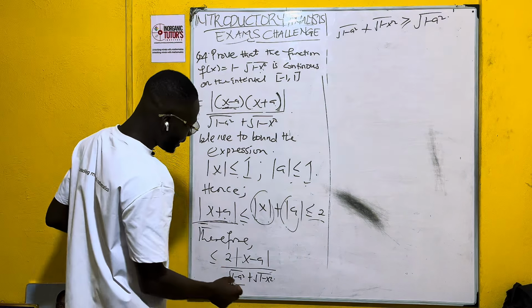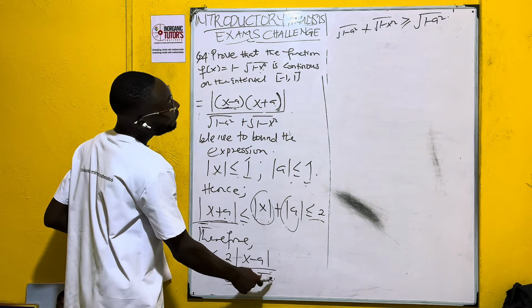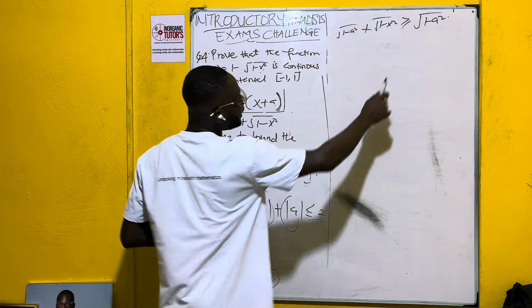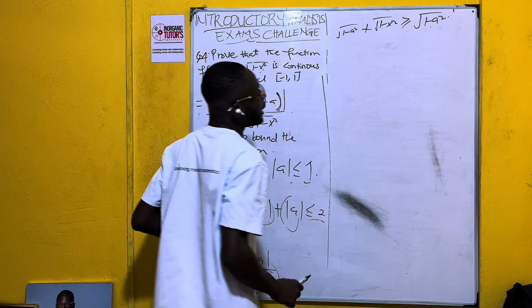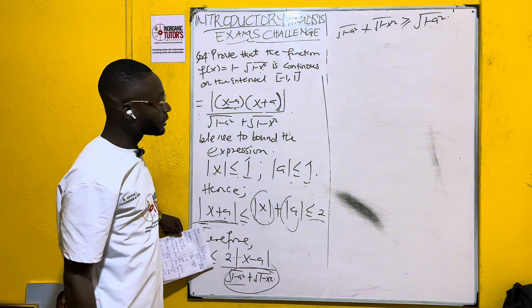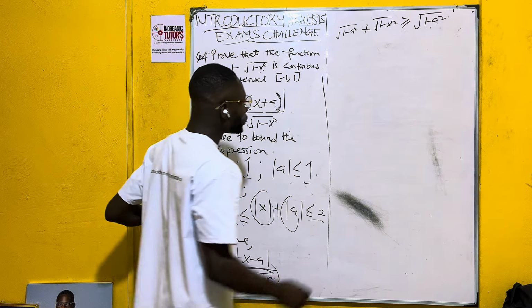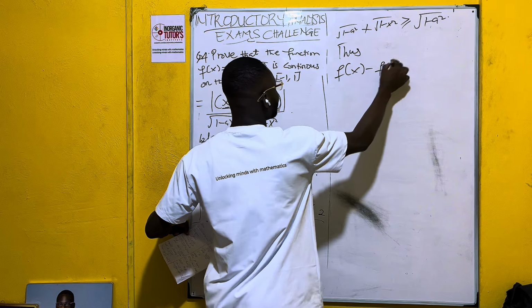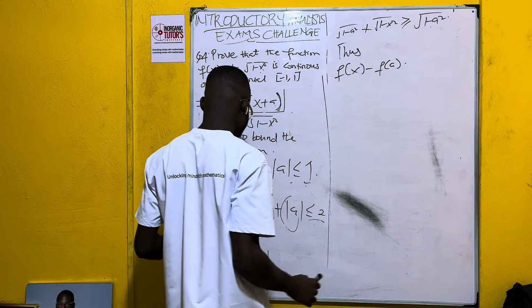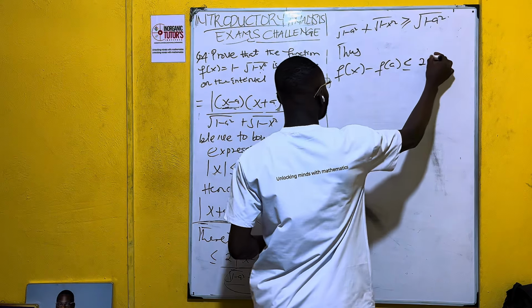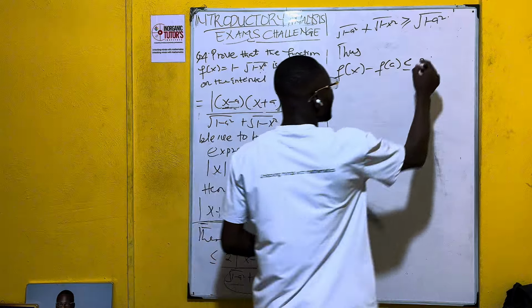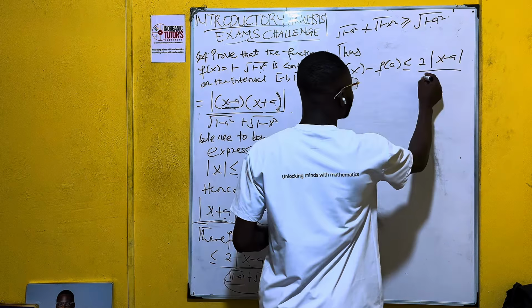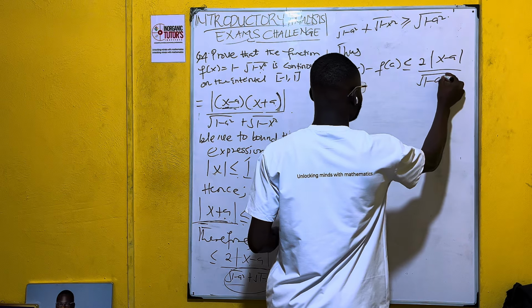We clearly could see that if you sum these two, it is greater than or equal to the square root of 1 minus a squared. So that's clearly from the function f of x minus the function of the point less than or equal to 2 times the absolute value of x minus a divided by the square root of 1 minus a squared.